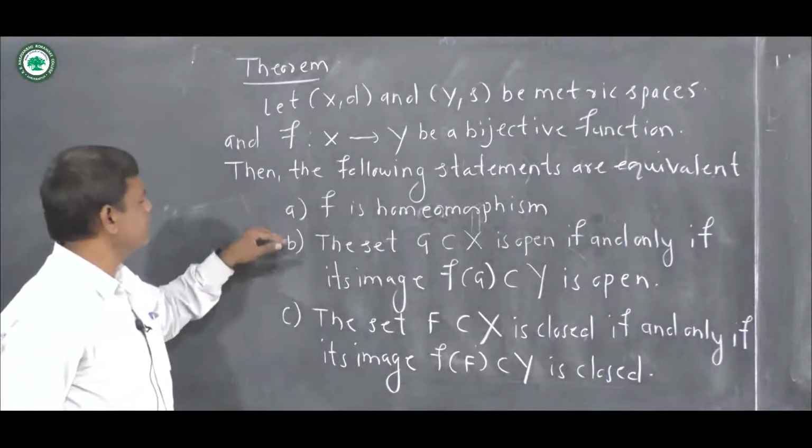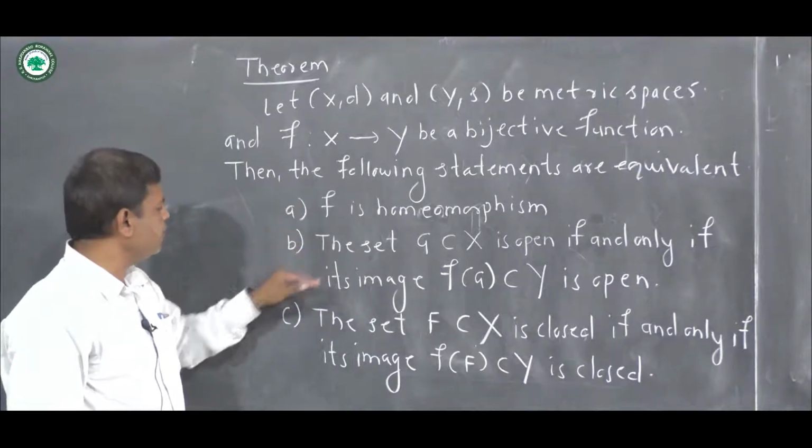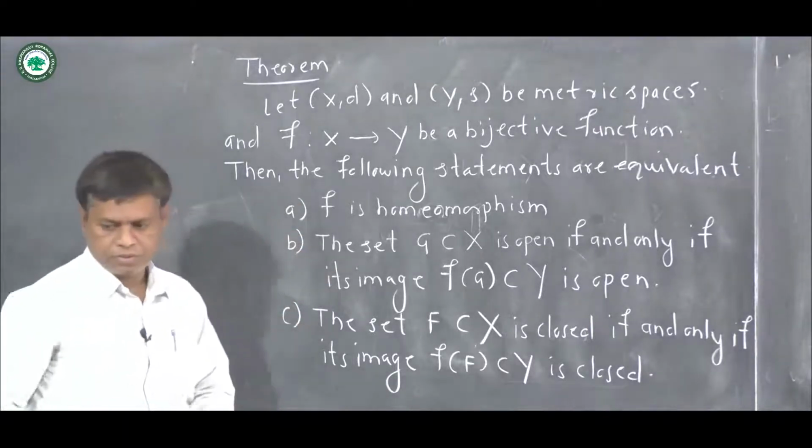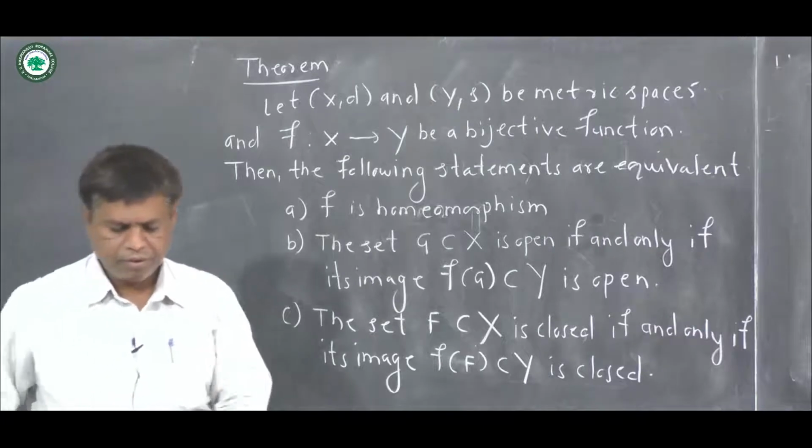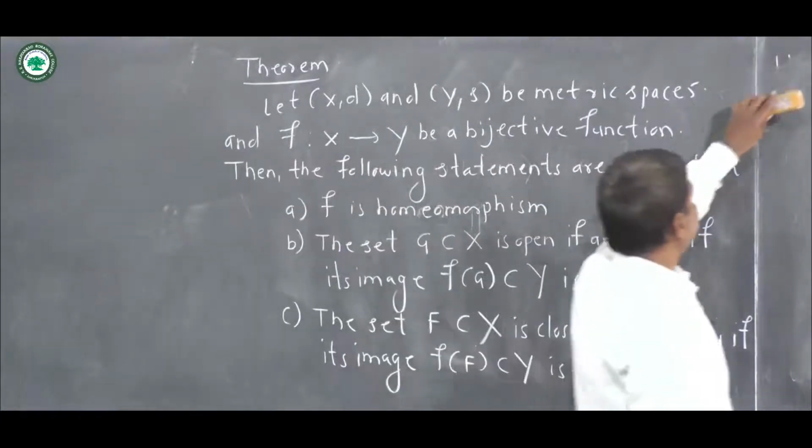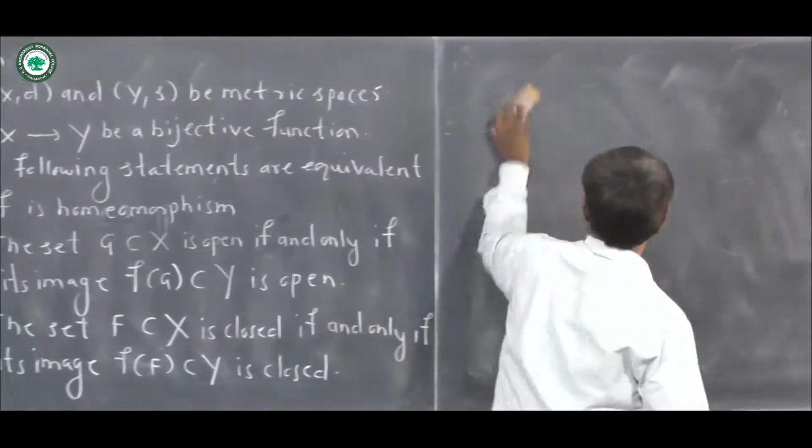Now to prove this, we are going to prove that A implies B and B implies C. So first, A implies B.